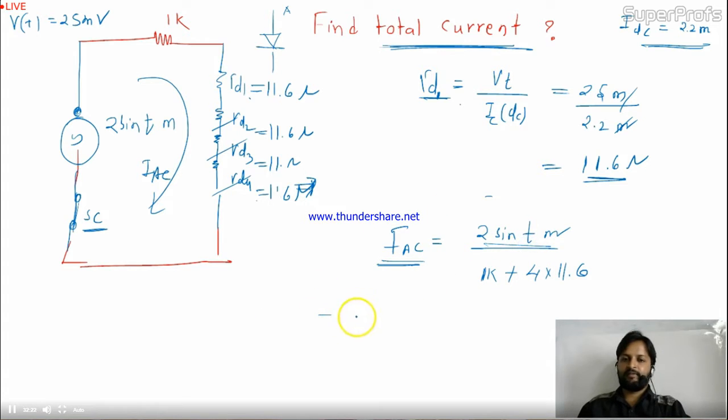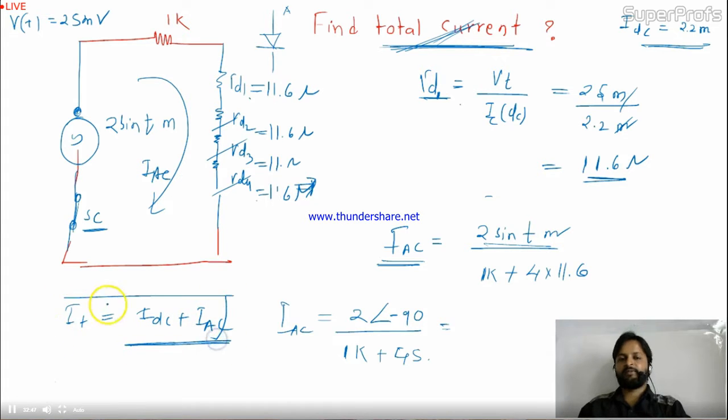This is nothing but 2 at an angle minus 90, divided by 1K plus 46 and something like this. You can add and you will get some complex current IAC in the circuit. But they are asking for the total current. For the total current, you have to add the IDC part plus the IAC part. As simple as that. Is it okay?